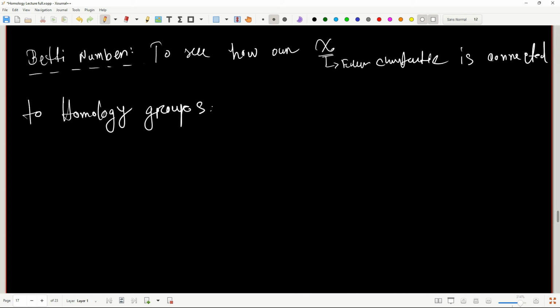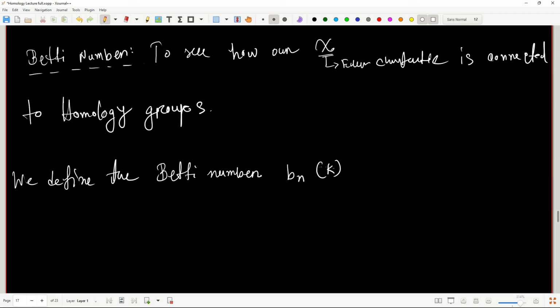Okay, so we define the Betti number. Let's say Bn of K of some simplicial complex as the dimension of the nth homology group.